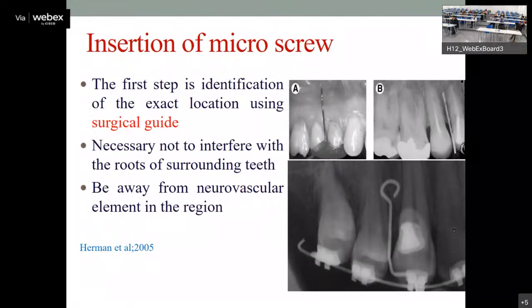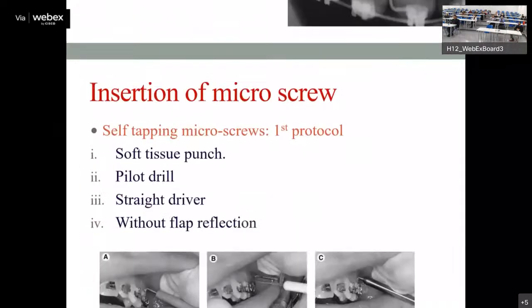You need to take a periapical radiograph with a surgical guide, which is a piece of wire that can be attached to the teeth through a utility arch, or if you have a fixed appliance already bonded, you can attach a piece of wire to the fixed appliance, then locate the insertion point and take a periapical radiograph. The periapical radiograph has to be perpendicular for more accuracy, and then you locate the insertion point. You need not to interfere with the roots of the surrounding teeth, and you need to be away from the neurovascular elements in the region.